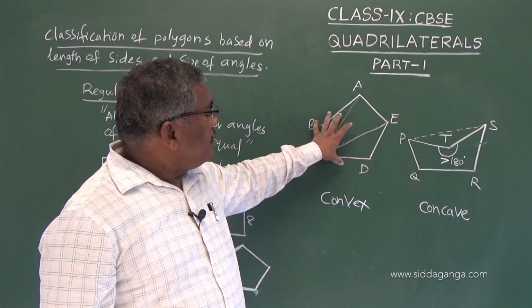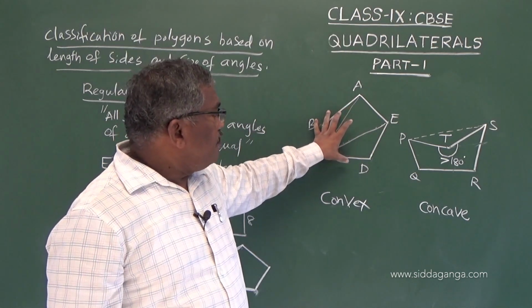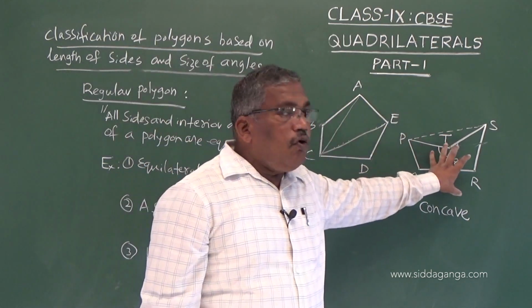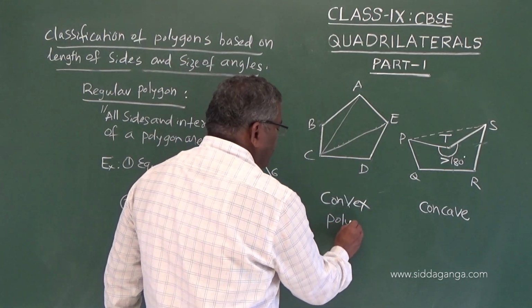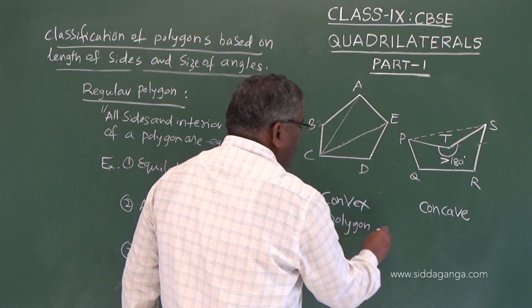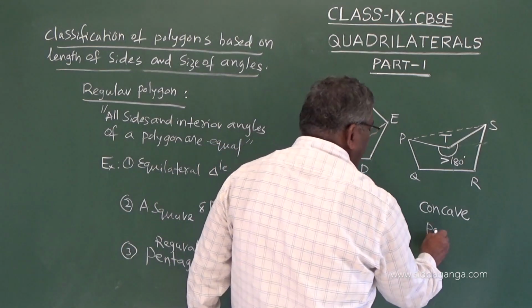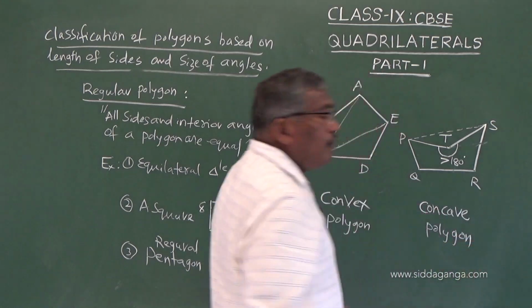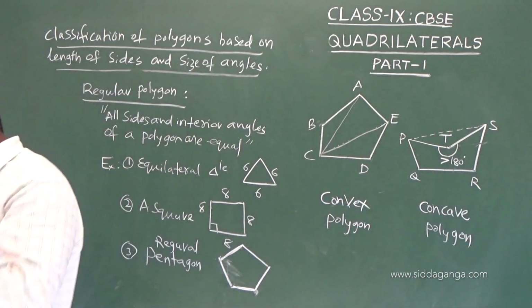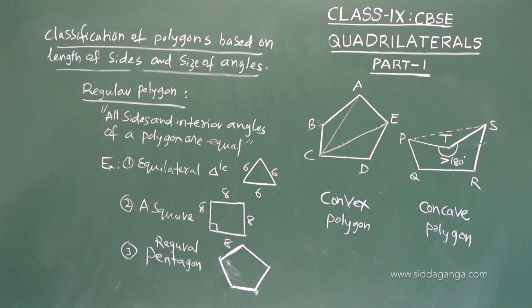And this is a convex figure, or we call it a convex polygon, and that one a concave polygon. So this is the basic difference.